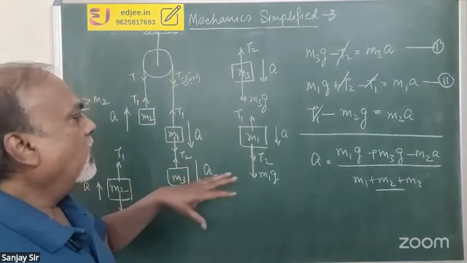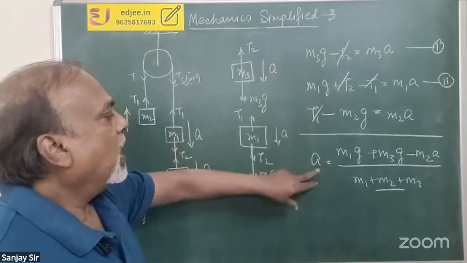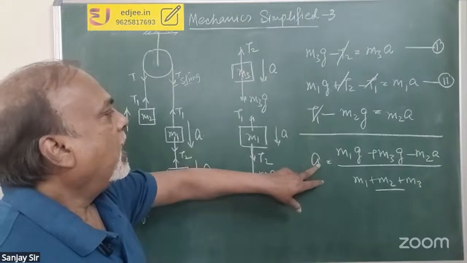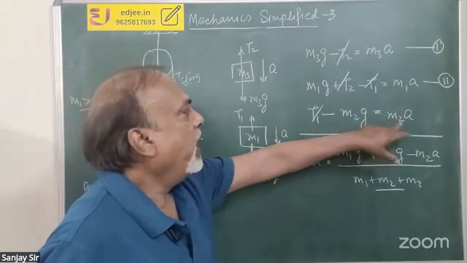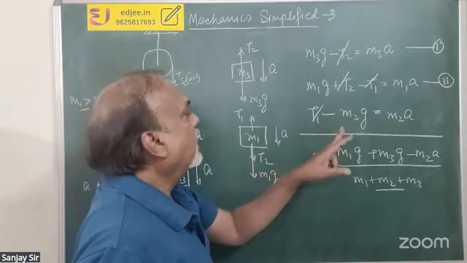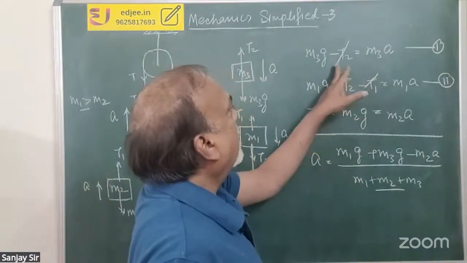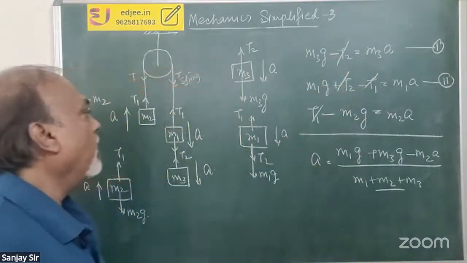If you want to find out T1 or T2, then of course you have to do this. Now you know A. If you put this value of A, you can find out T1. And after that, you can find T2 also by putting this value of A. There is no problem.